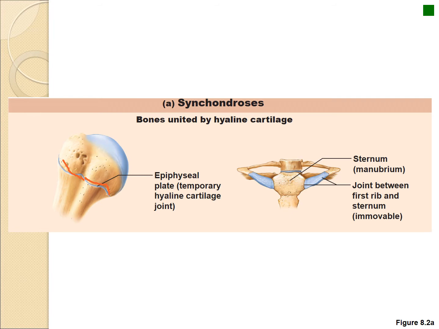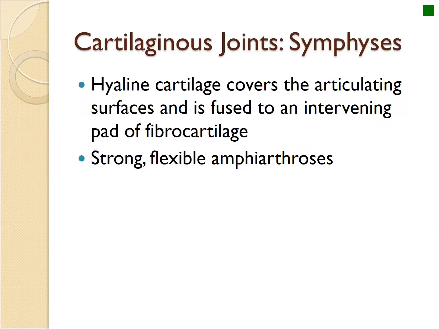That's the common one, and I'm not going to really ask you this. This is a difficult one, and you also find it between the first rib and the manubrium and the sternum. But this is the one, if anything, that is important to know. But synchondrosis just means it holds like cartilage together. It's a joint that holds cartilage next to bone. I mean, that's the joint right there.